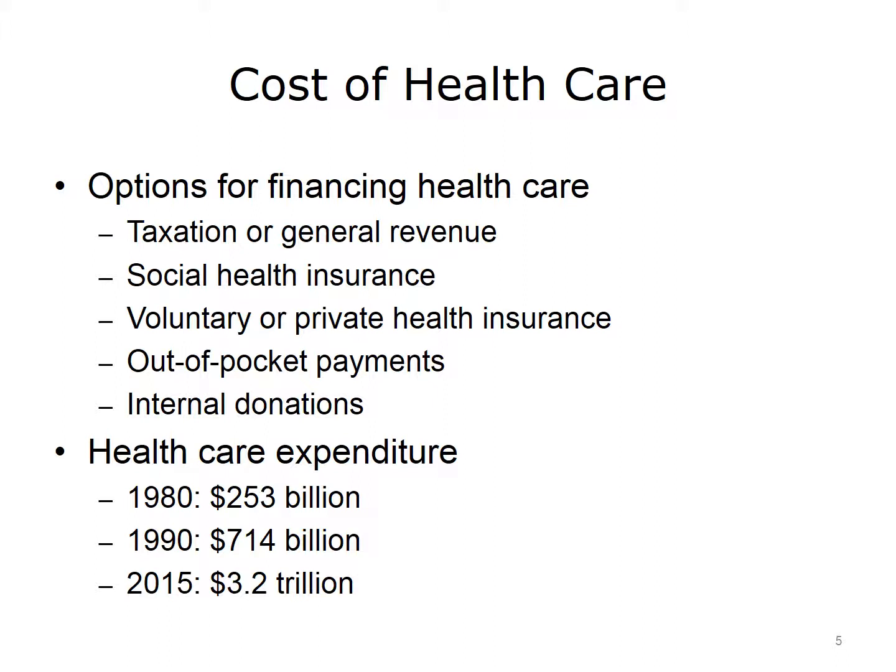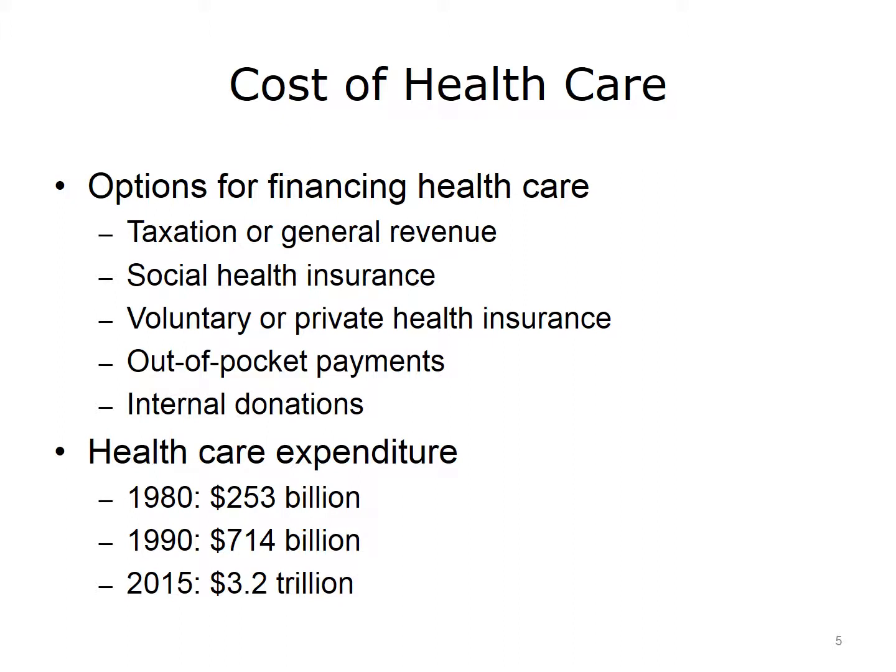But the fact of the matter is that healthcare expenditure has increased dramatically in the last few decades. In the United States, healthcare expenditure was $253 billion in 1980 and increased to $714 billion in 1990.